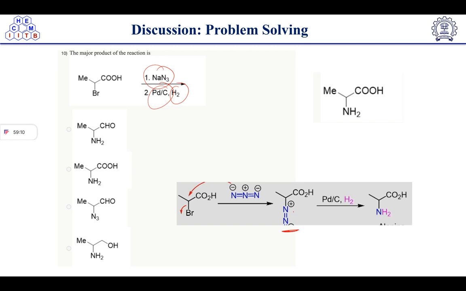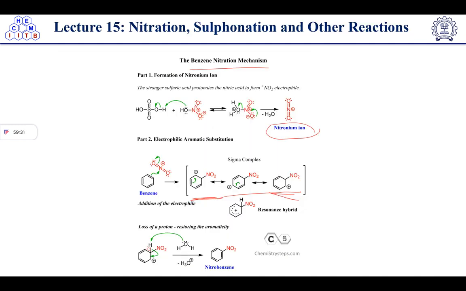After this, reduction will take place, and this reduction will result in the product formation, which is amine formation. So the correct answer is option number B. Everything will remain the same, only amine formation will be there.